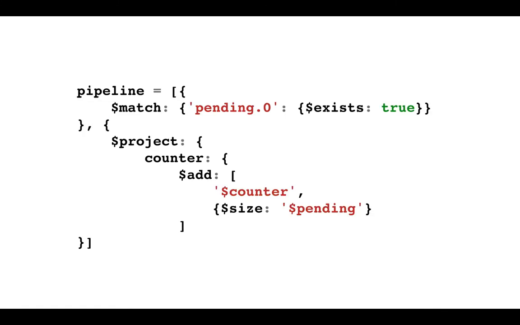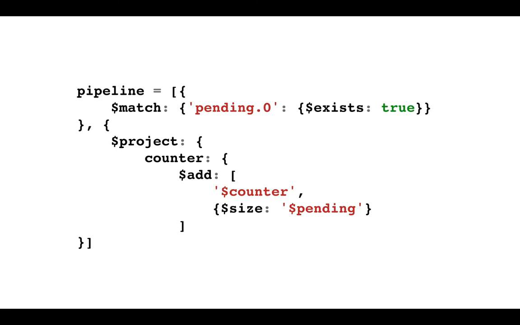So that would look like this. You'd use the aggregation framework, and the pipeline would match documents where there are pending IDs. And what it will do is, in that project section, it will add their current counter value to the number of tokens in the pending array.